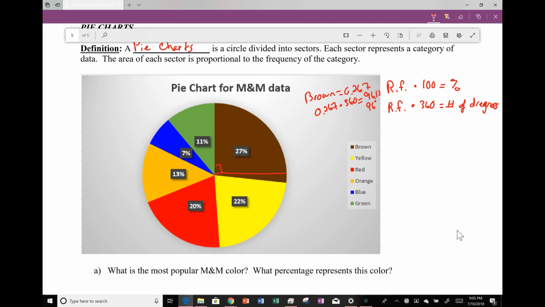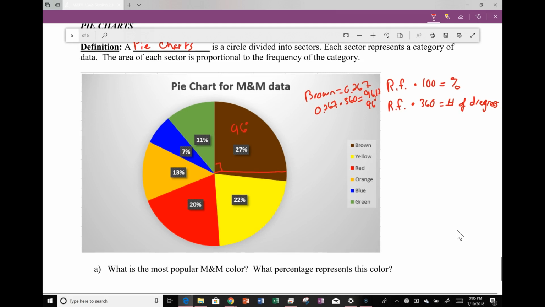And we can do that all the way around. We can find the number of degrees. This one's 96 degrees. And then yellow is actually 79 degrees. Red is 72 degrees. The orange is 46.8, so 47 degrees.